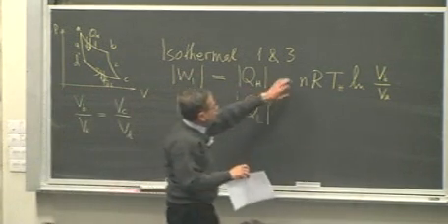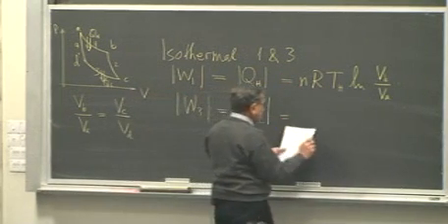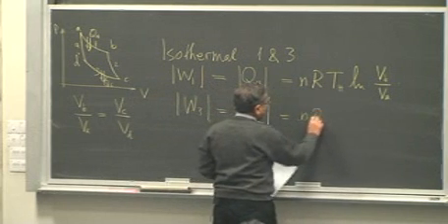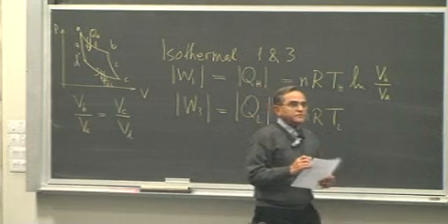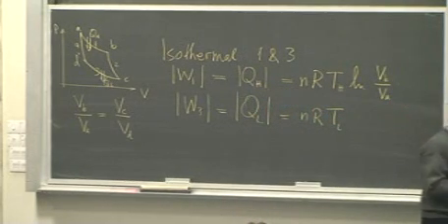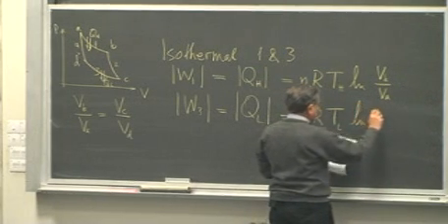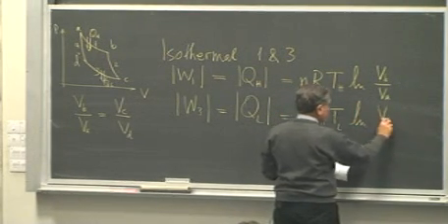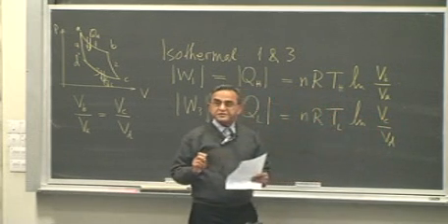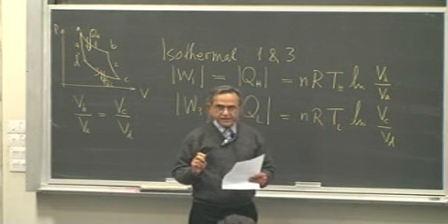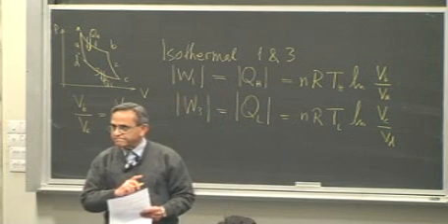We had worked it out. And W3 was equal to nR times lower temperature TL log of VD over VC. Is that with the signature also? Yes, sir. VD over VC, with a positive sign. Okay?